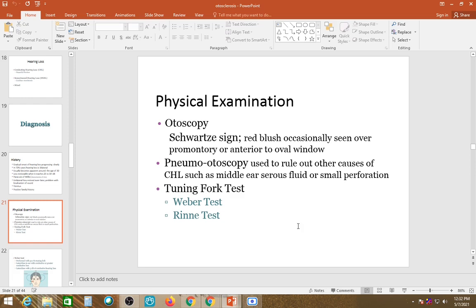Pneumo-otoscopy is used to rule out other causes of conductive hearing loss such as middle ear fluid or small perforations. And the tuning fork tests also have to be performed, that is the Weber test and the Rinne test. These three, otoscopy, pneumo-otoscopy and tuning fork, are the examinations that can be performed on the patients.